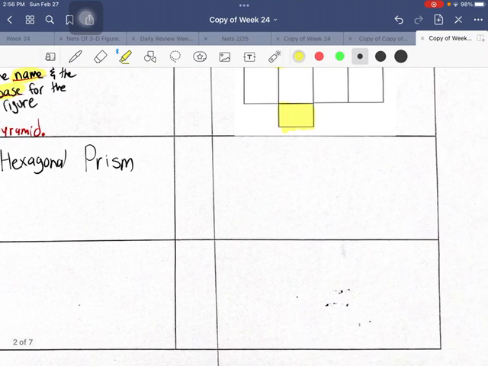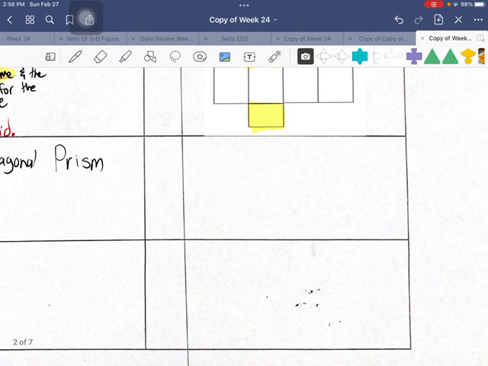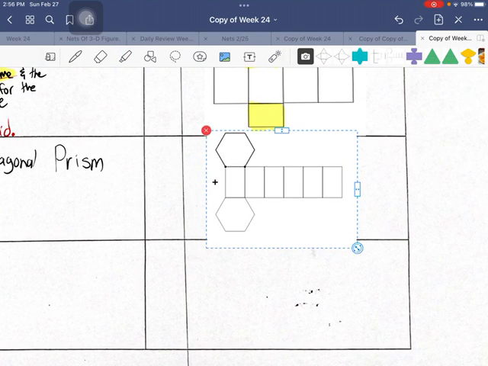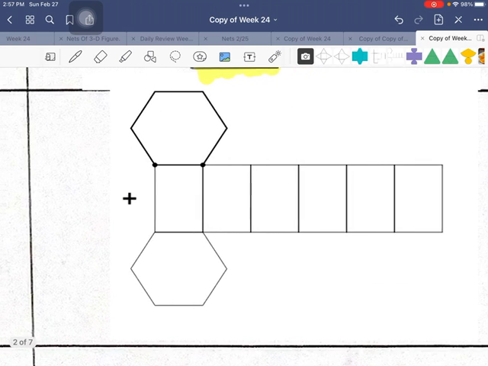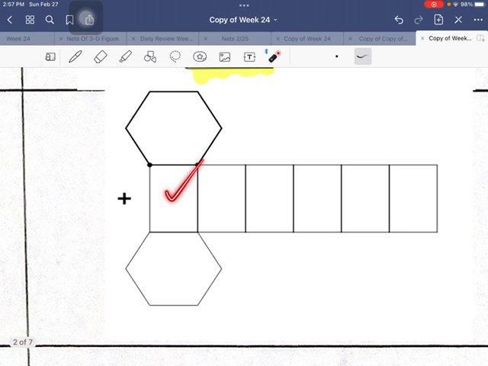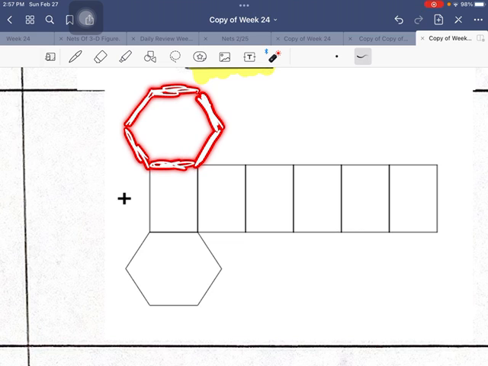Hexagonal prism. So, for the hexagonal prism, it's going to look like this if we were to separate it. With 1, 2, 3, 4, 5, 6 rectangles. And that makes sense because an hexagon, how many sides does it have? 2, 3, 4, 5, and 6.